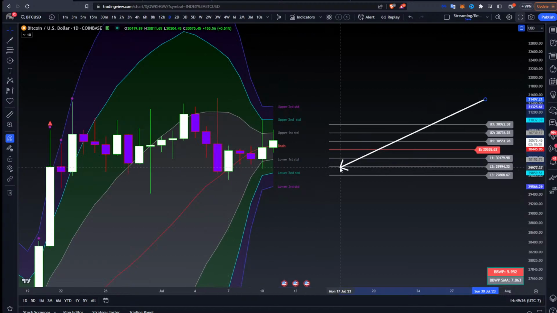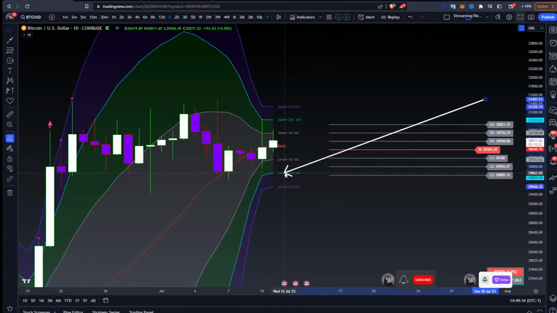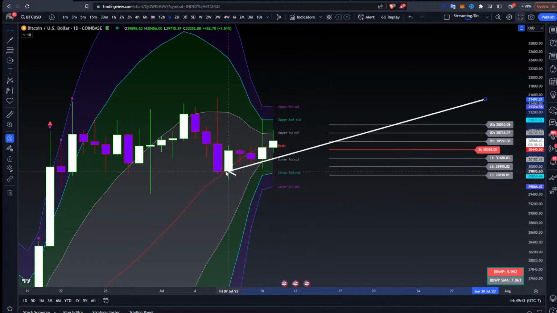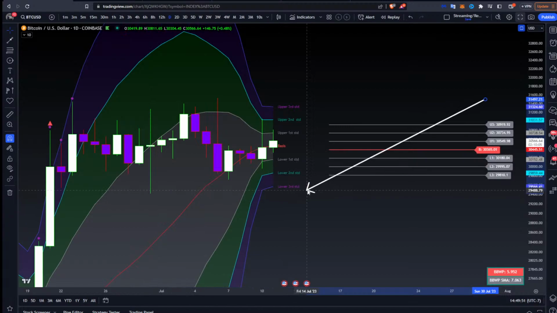That would also indicate that if the 4-hour starts to expand aggressively to the downside, it's likely that we could see the daily start getting to the point where it could close in that area, thus begetting Bollinger Band expansion to the downside. And if the 4-hour breaks down from this low, then it's likely that it continues down to around 29.4, 29.5 area, and we evaluate from there. That's around the lower third standard deviation on the daily here.